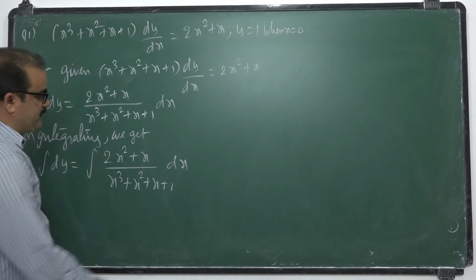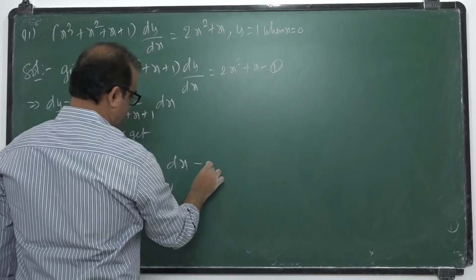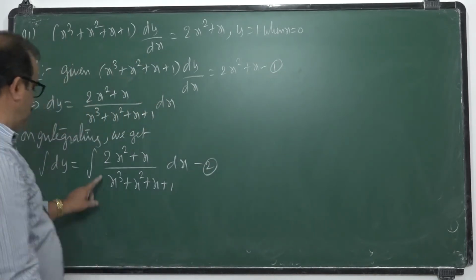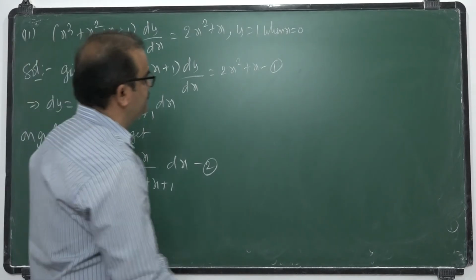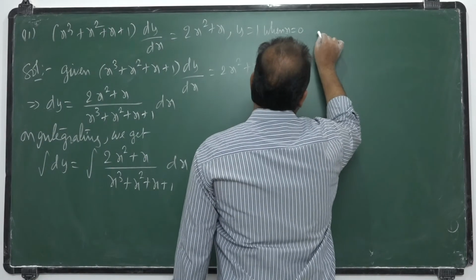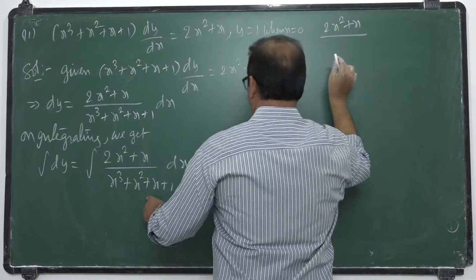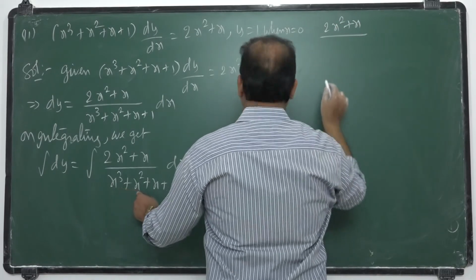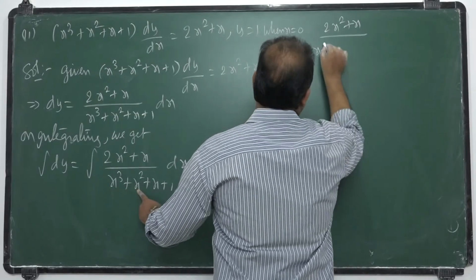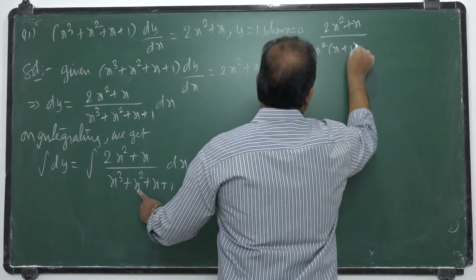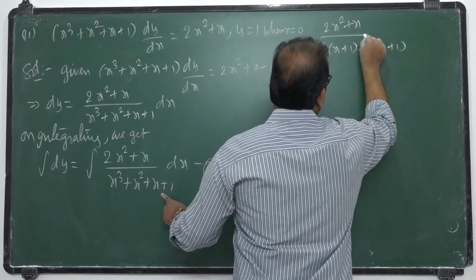Let it be equation 1 and let it be equation 2. What is the function here? 2x square plus x by x cube plus x square plus x plus 1. From the first two terms we take x square common, x square into (x plus 1) plus 1 into (x plus 1).